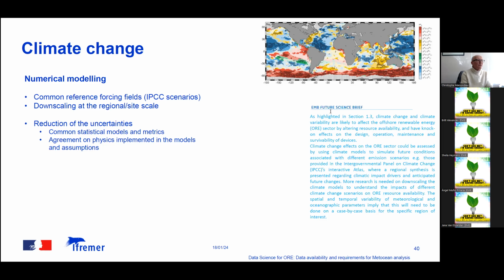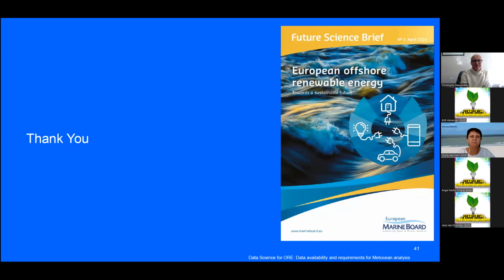And we have to work on the reduction of the uncertainties, basically through defining common statistical models and metrics, and finding agreements on the physics implemented in the models and the assumptions that are made in these models. This was just a brief comment on the assessment of climate change, but surely it will have an impact on offshore renewable energy. Well, thank you.